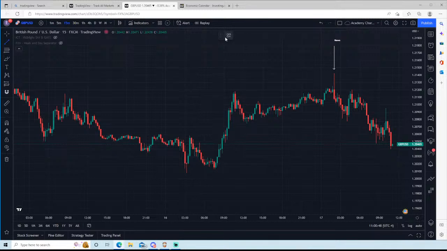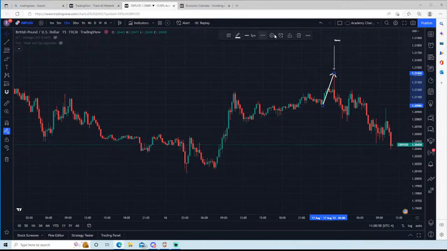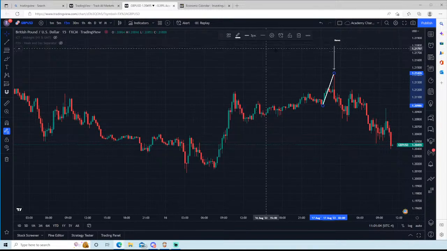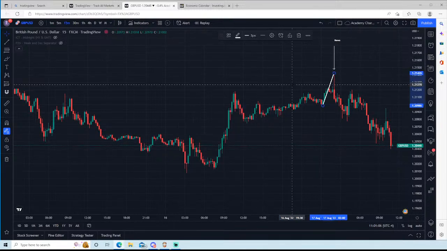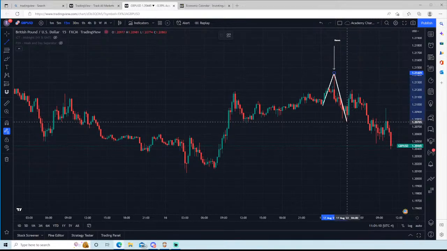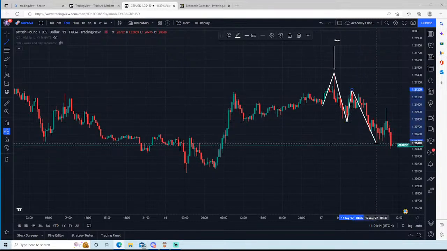So we have this push up here. Sorry, still getting used to TradingView. So we have that, then we get into this break of structure here. Then we have that retracement, and then we push lower.